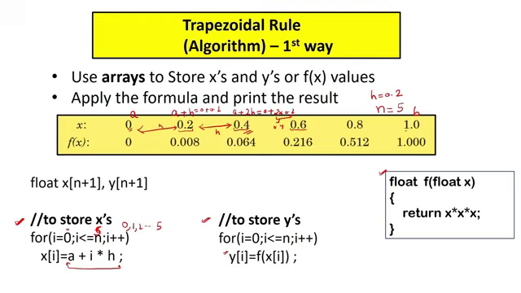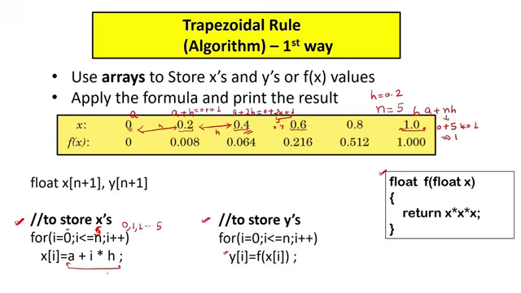You can see that this last value 1.0 can be calculated as a plus nh. a is 0, n is 5, and h is 0.2, so this is 1. This way the last value can be calculated.